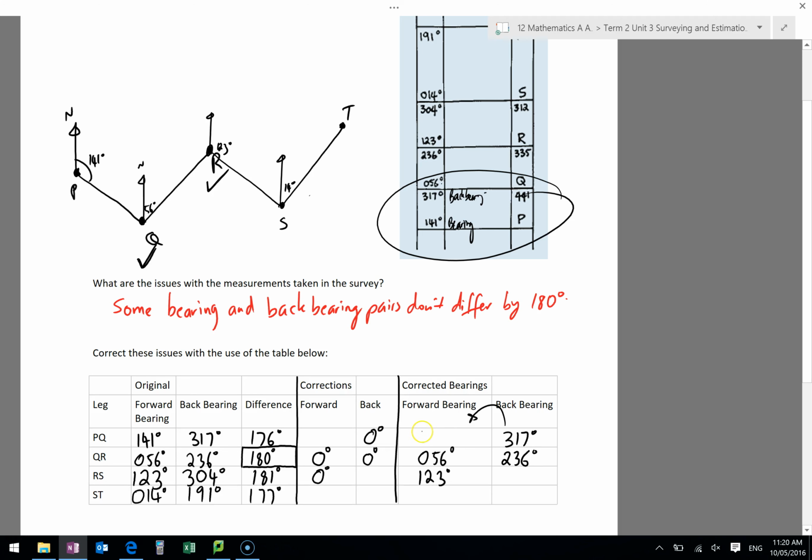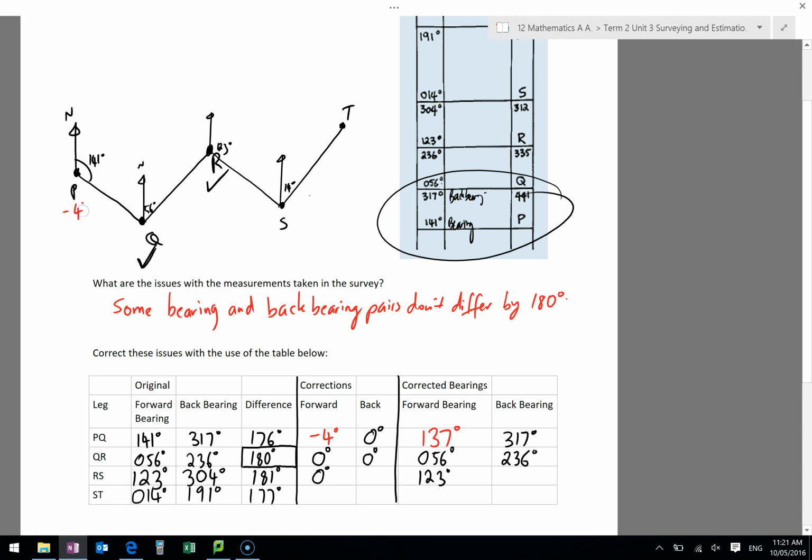It should have been 137 degrees. I'll write that in a different color because it's one that I've modified. Which means from the original bearing to the forward bearing, I've needed to make a correction of -4 degrees.